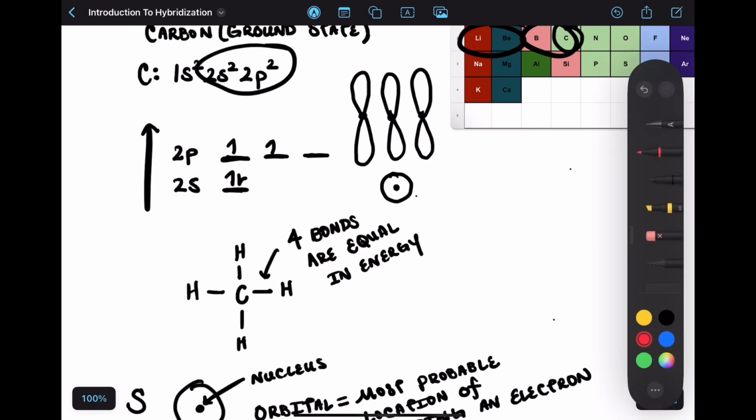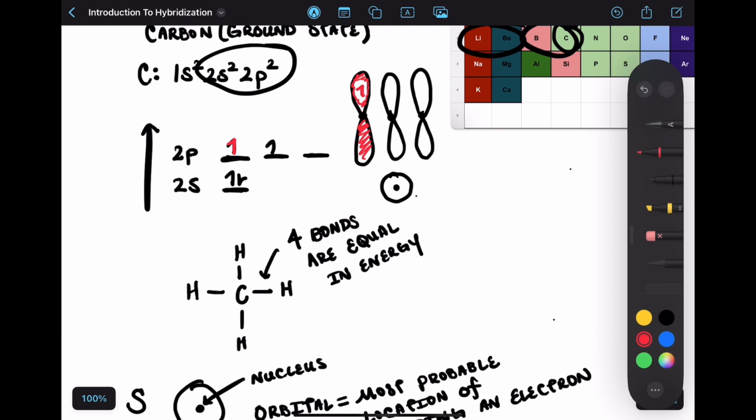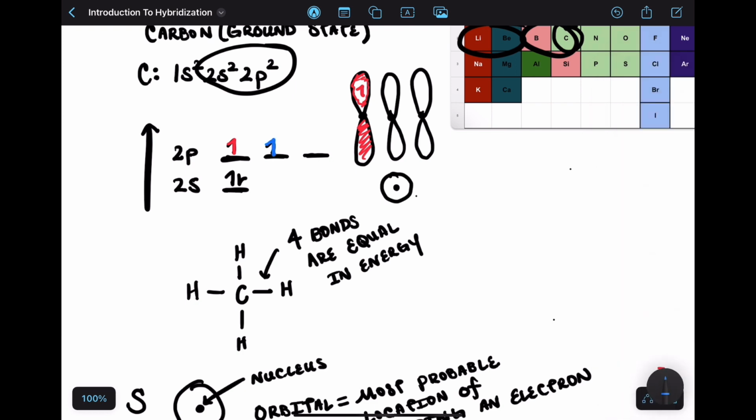But let's take a look at these electrons. So this electron is essentially going to be anywhere inside this shaded red area. So the probability of finding an electron is anywhere in this shape. The second electron is also in a p orbital. And again, you're going to find it whizzing around in that shaded dumbbell area space, right?